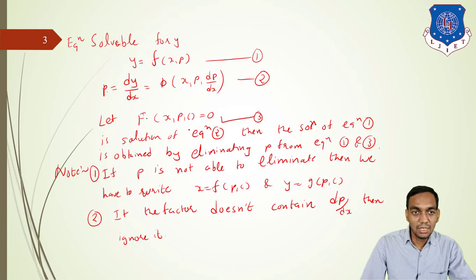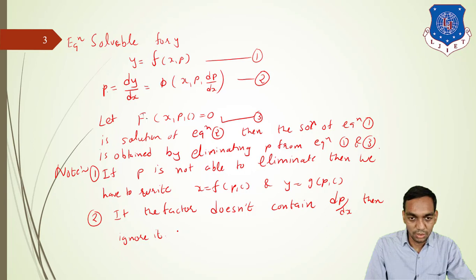That means in equation 2, once you are going to factorize and the factor is not containing dp by dx, then we are not going to consider it for solution. These two are the important notes that you have to remember. If elimination is possible, then you must eliminate p. But if it is not possible, in that case, we are writing our answer in a form of p.